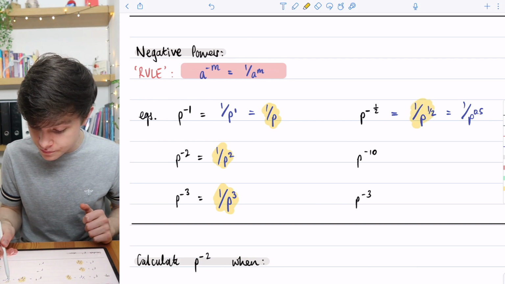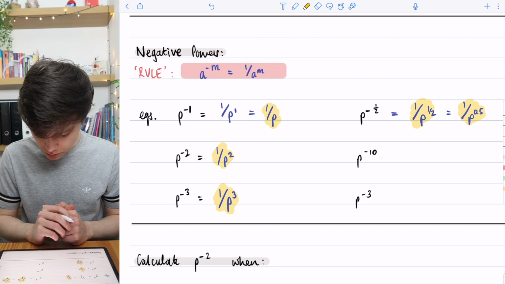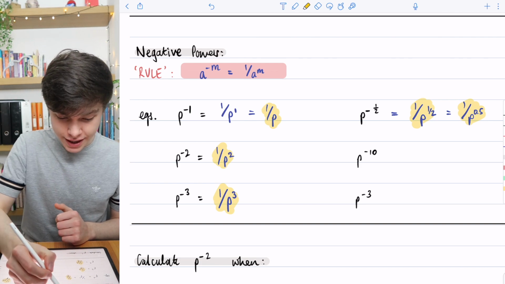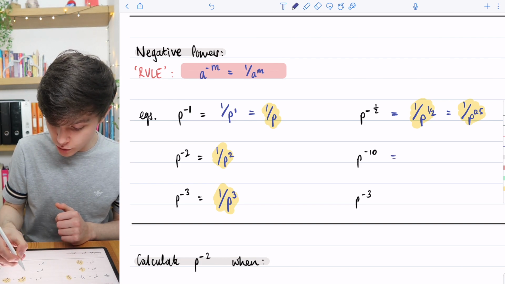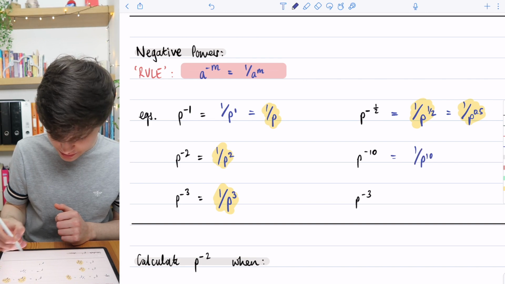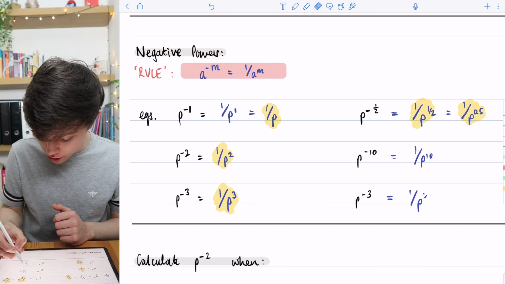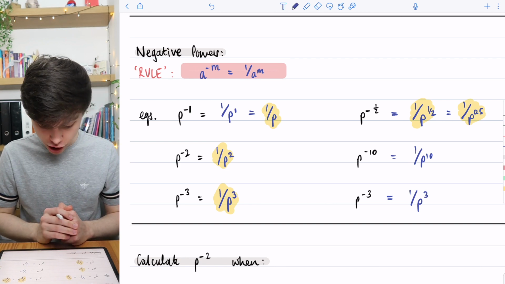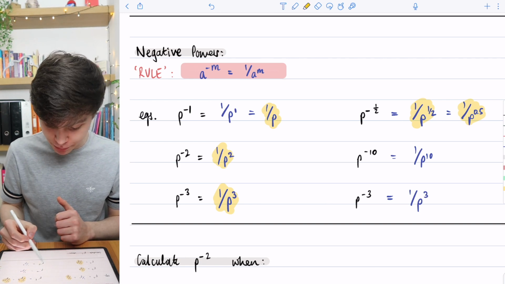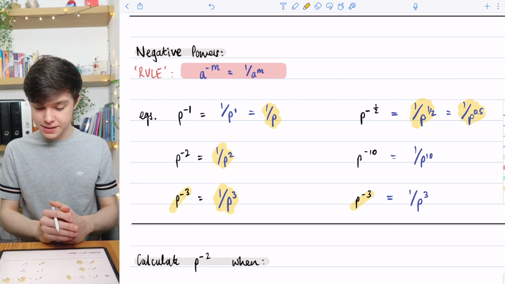Both of those are correct. Alright, let's have a look at the next one. These are going to be quite simple. We should have had 1 over p to the 10, and then 1 over p to the power 3, or p cubed. And actually, we've already done that example. Those are exactly the same, which you didn't realise.